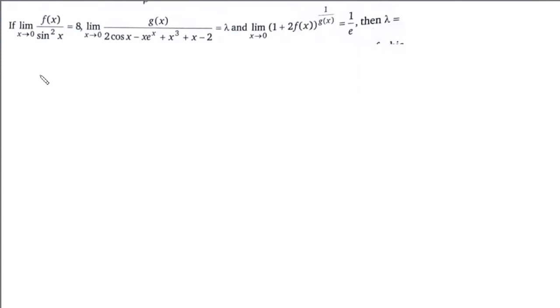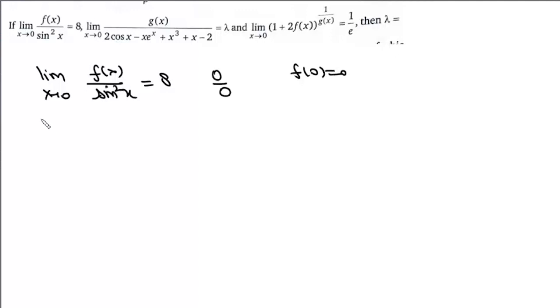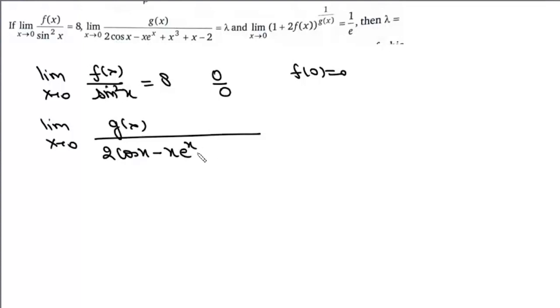Now the question is, if limit x tends to 0 of f(x) upon sin square x equals 8. Now it has to be 0 upon 0 form. That means f(0) is 0, and also this limit x tends to 0 of g(x) upon 2 cos x minus x into e to the power x plus x cube plus x minus 2.